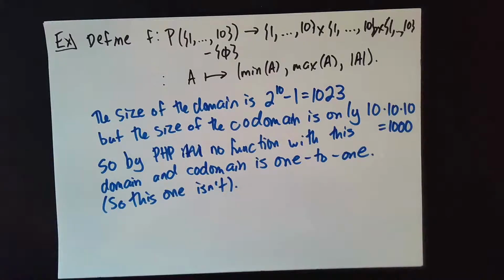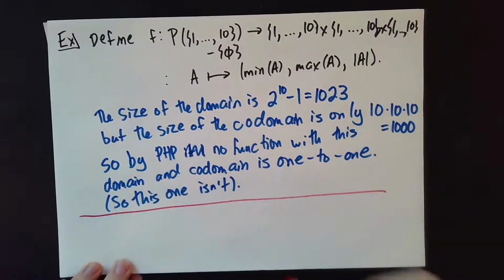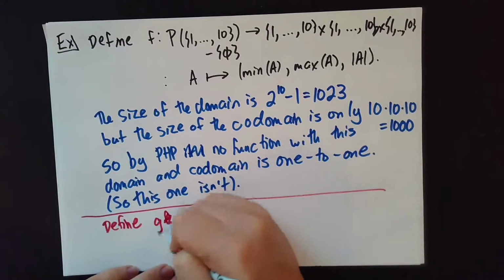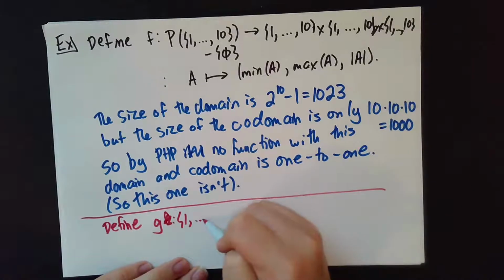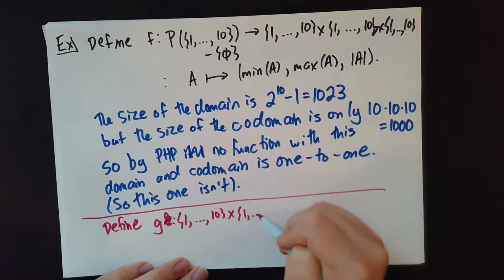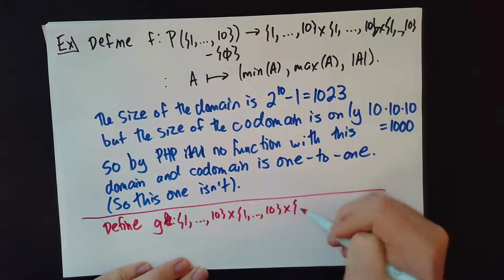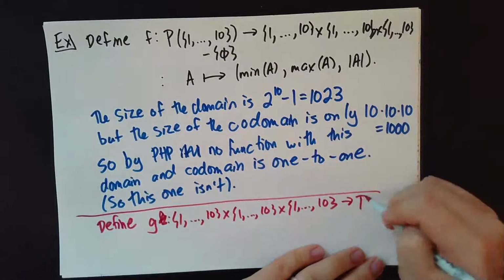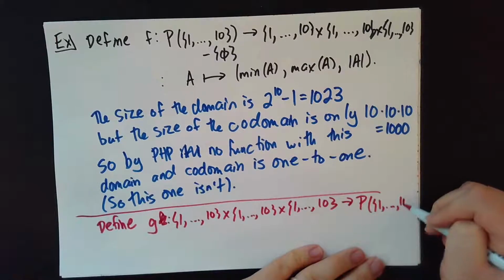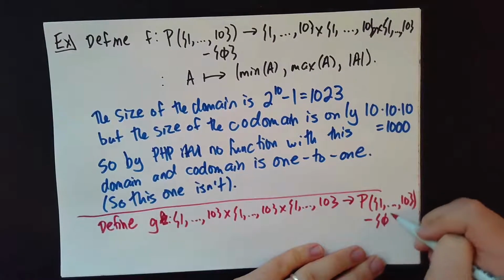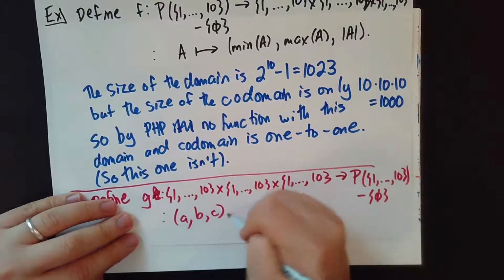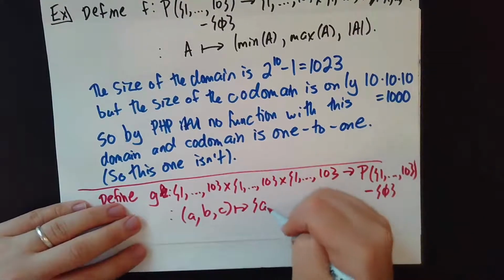If I reversed it and I instead wrote down a function in the other direction, so let's say I define g this time, from this Cartesian product to that power set, and let's say I take the triple ABC and I send it to the set ABC.